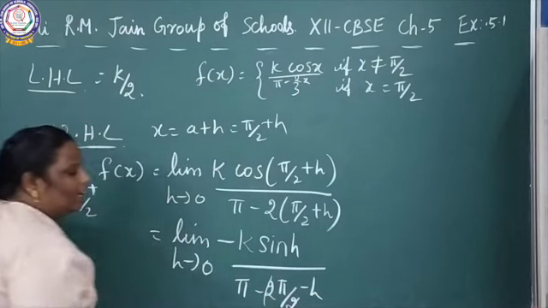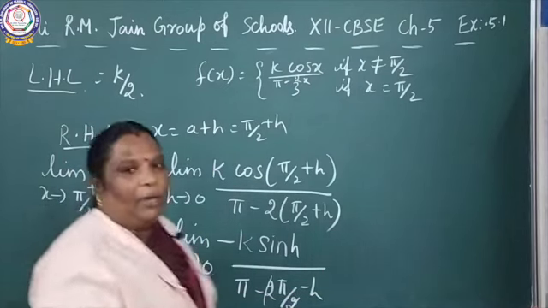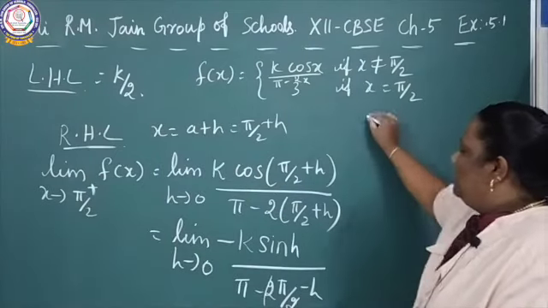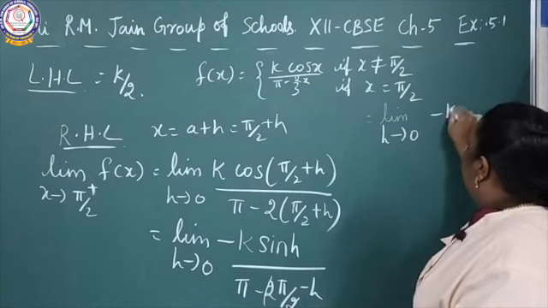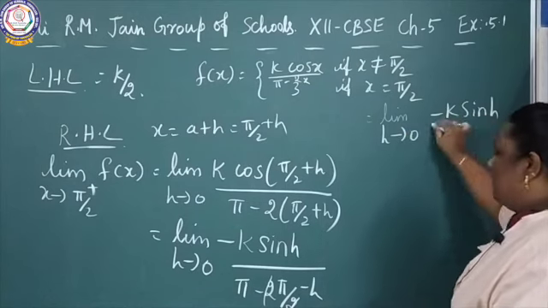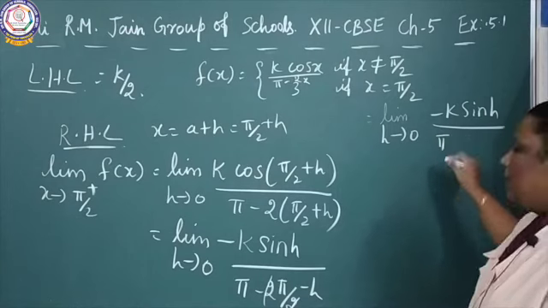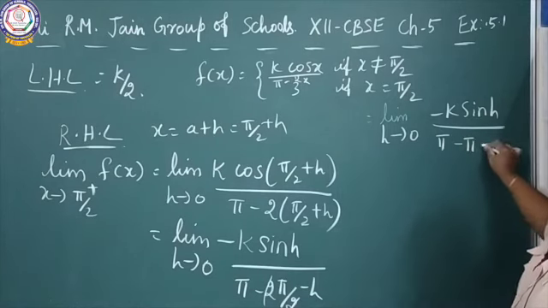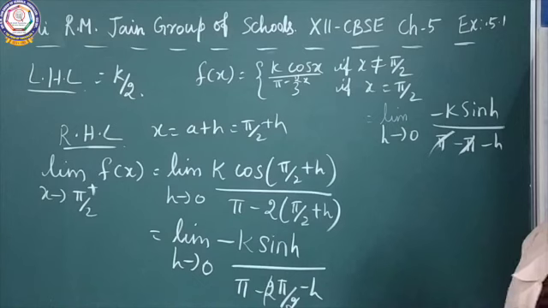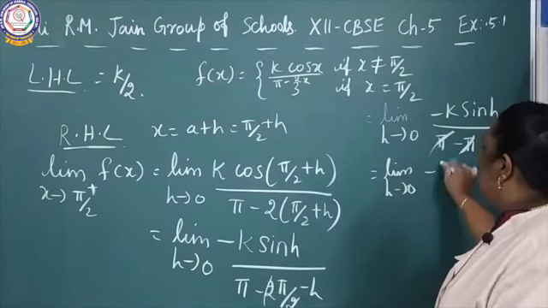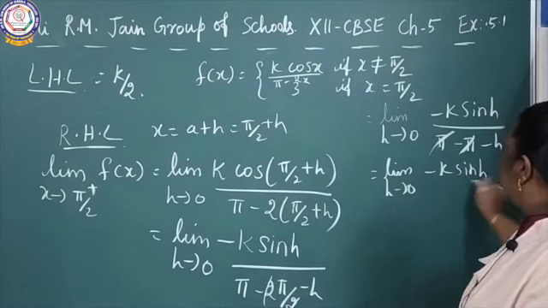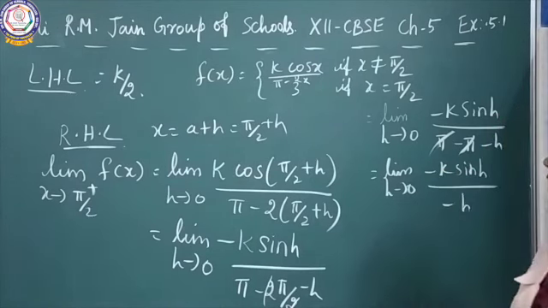So 2 gets cancelled. What is the remaining? Limit h tends to 0, minus k sin h by pi minus pi minus h. Pi gets cancelled. Limit h tends to 0, minus k sin h by minus h.